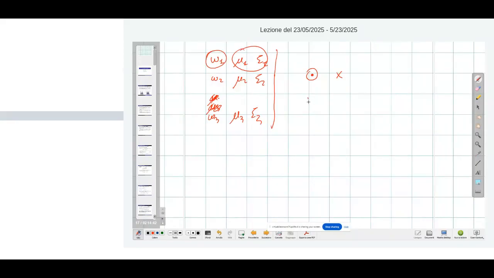We can compute the cluster posterior probability and then take the maximum. The posterior probability for cluster K is what? It's the prior probability for cluster K times the cluster conditional probability for cluster K.